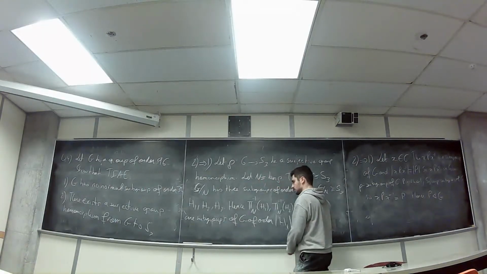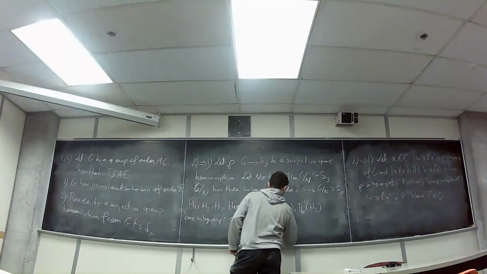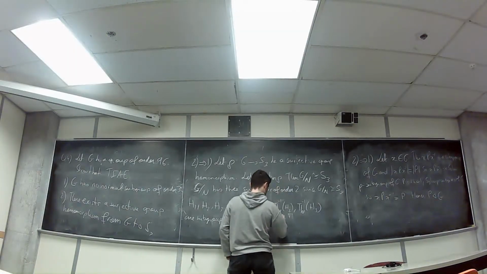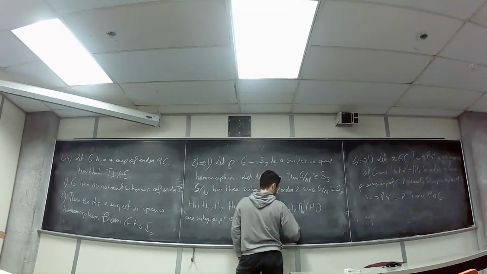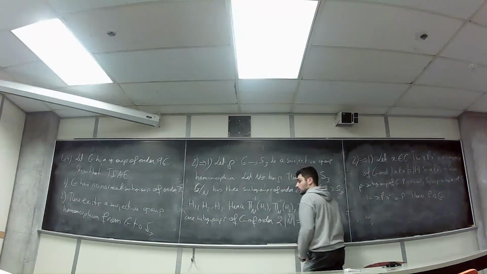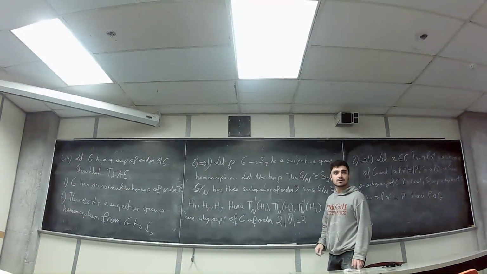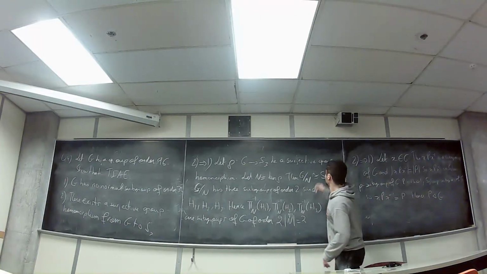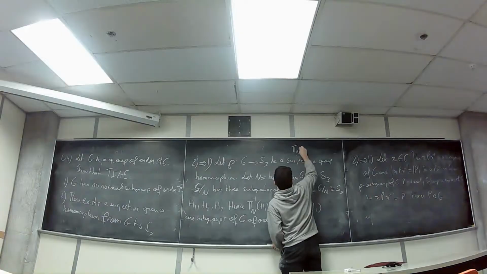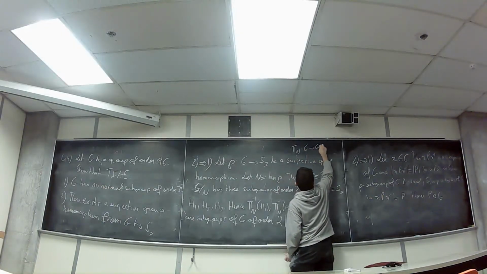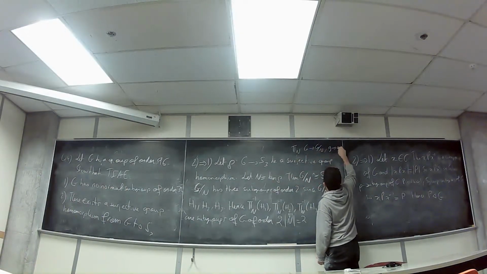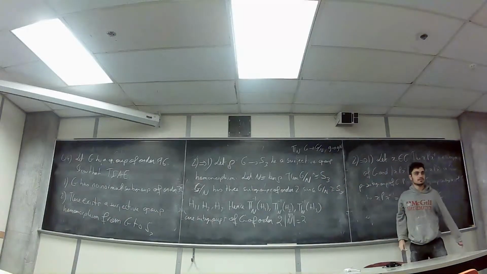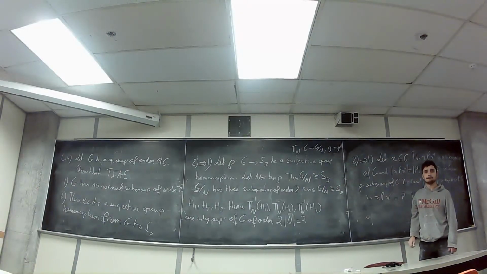H1, H2, and H3 have the same size, right, which is 2, times the size of n, which is 2 times the size of the kernel of rho, right? Agree or not? What is pi n? It's just the map from G to G mod n. Now, of order 2 times n, what is the size of the kernel of rho?